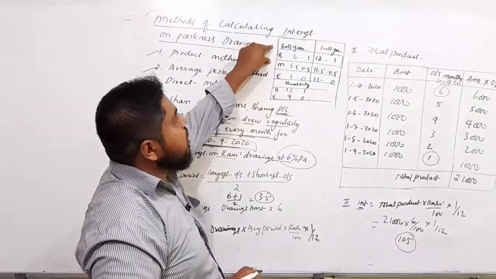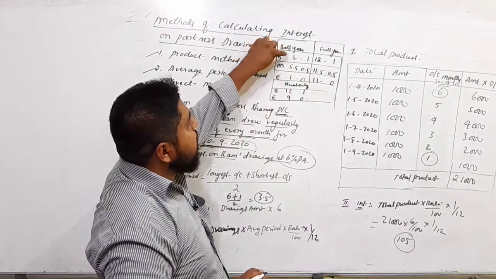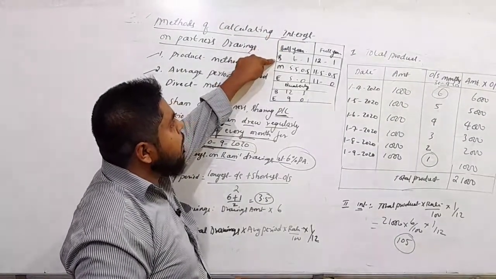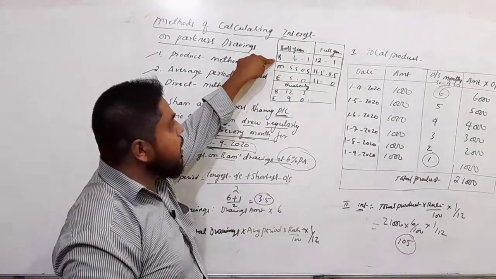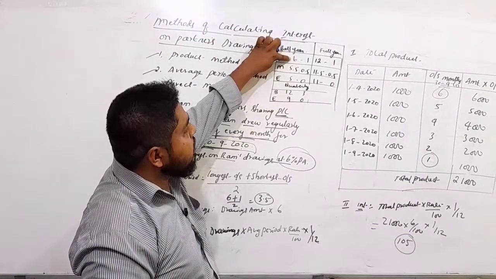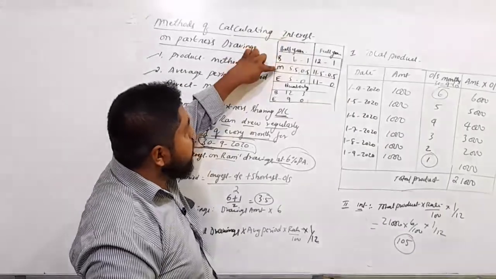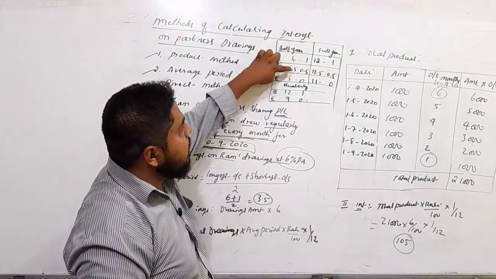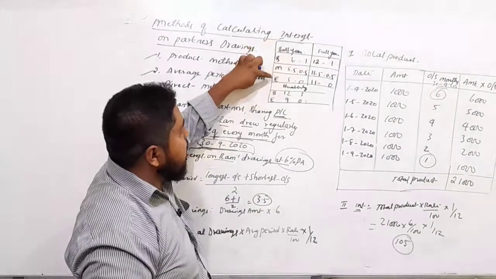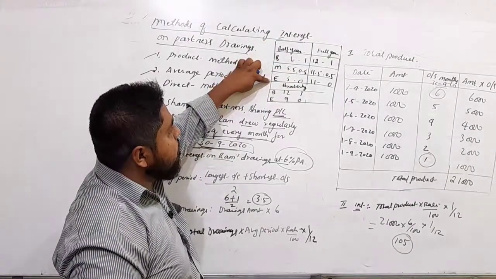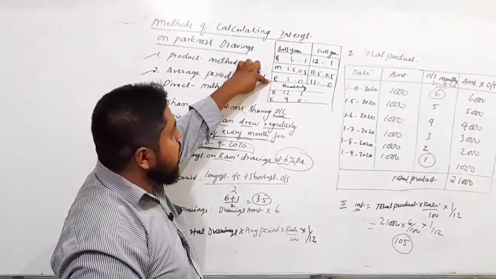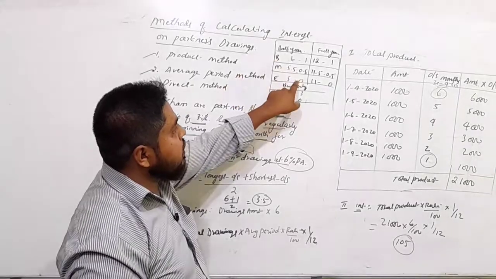Now come to the shortcut table. For half year, if withdrawals are at the beginning, longest is 6, shortest is 1. If middle, longest 5.5, shortest 0.5. And if withdrawals are at the end of every month, longest is 5, shortest is 0.